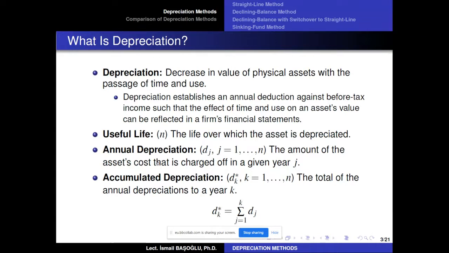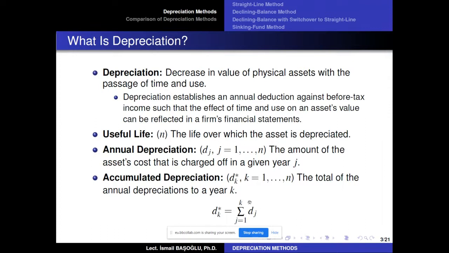The amount of the asset's cost that is charged off in a given year j is called the annual depreciation. There is another term called the accumulated depreciation. The accumulated depreciation is the total depreciated amount until the end of year k.